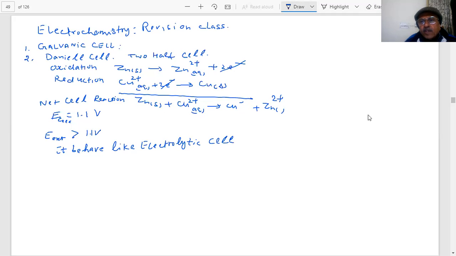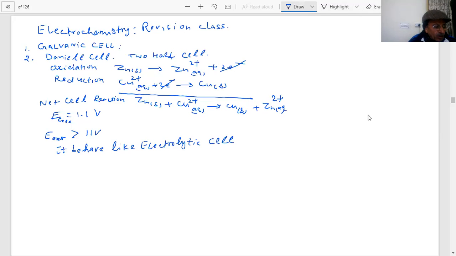This is 2 plus. And copper is undergoing reduction, copper solid, student. We must know what we are doing, students. So the reverse will happen means the zinc from solution will start getting deposited at the zinc and copper will start forming copper ions.